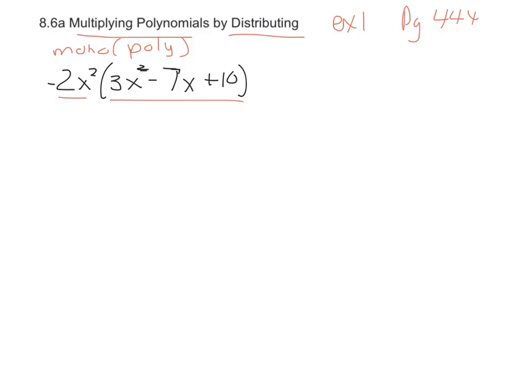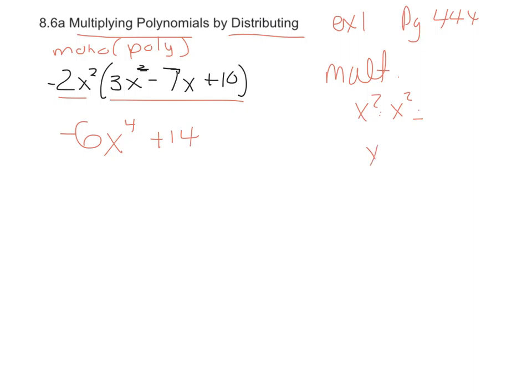So we are distributing. When you're distributing, you just have to remember that you're multiplying, and you have to remember the rules for multiplying. So negative 2 times 3 is negative 6. x squared times x squared, I am adding the exponents, so that's x to the fourth. Then I have negative 2 times negative 7, and that's going to be positive 14.